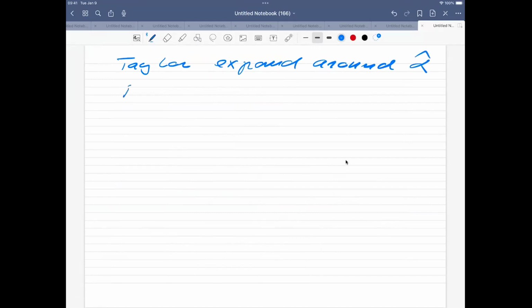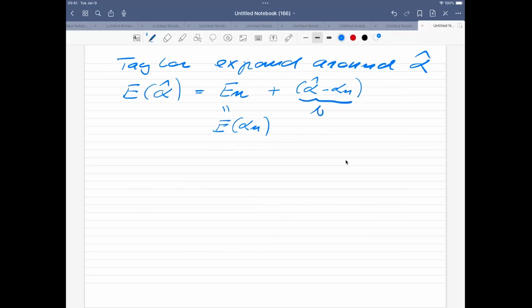So that means that in my Taylor expansion, I have the energy at this optimal value. And this is now given because I'm Taylor expanding around alpha minus some alpha of n. So this is going to be given by an energy E of n, which, as we said, is the same as E of alpha n, plus, and now I have the quantity B of n. So I have alpha opt minus alpha n, which we also label as B of n.